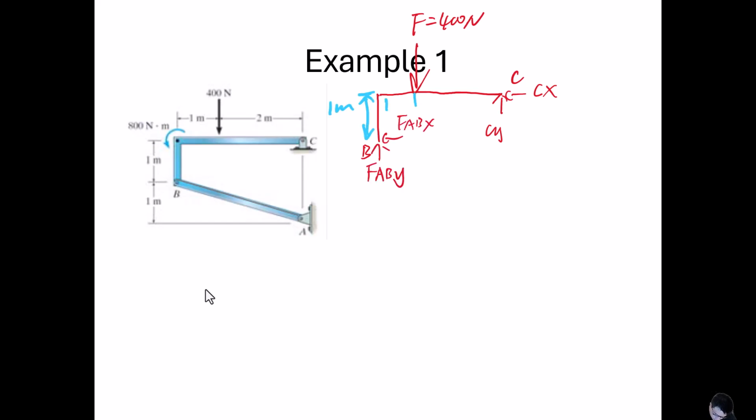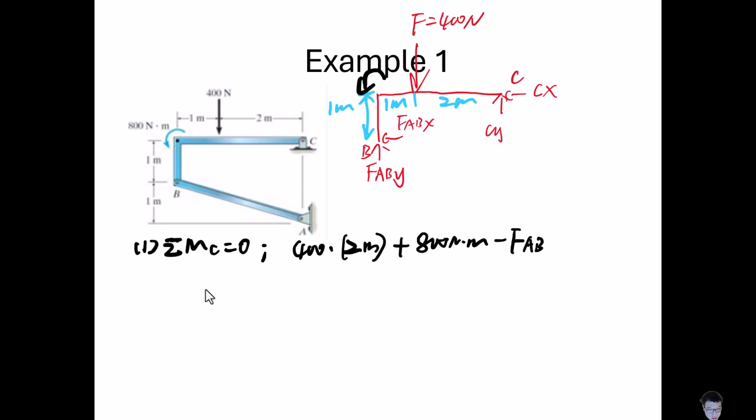Okay, let's do sum of the MC equals to 0, which will be 400 times 2 meter plus 800 Newton meter, which is positive, minus FABY times 3 meter minus FABX times 1 meter, which equals 0.